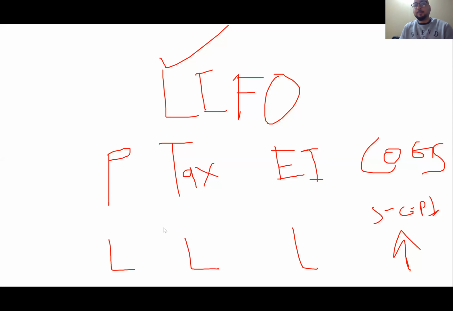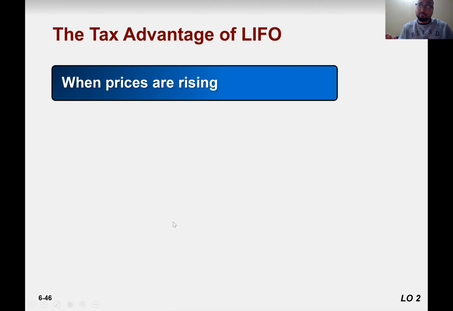Now, the tax advantage of LIFO. There is a clear advantage of using LIFO, because if your focus is just to save taxes, then you definitely apply the LIFO costing method, because it results in lower profit. When you multiply a percentage with a lower value, the answer will be lower dollars.